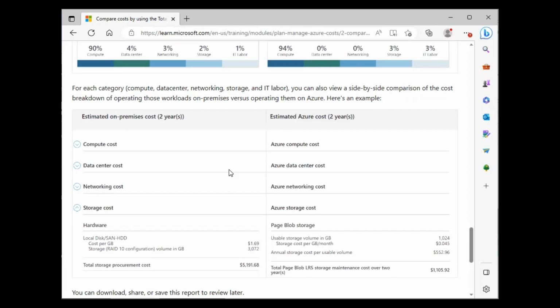Annual storage cost per enabled volume, 552.96. And total page blob LRS storage maintenance costs over 2 years, 1,105. Okay, in this, Azure is low cost.